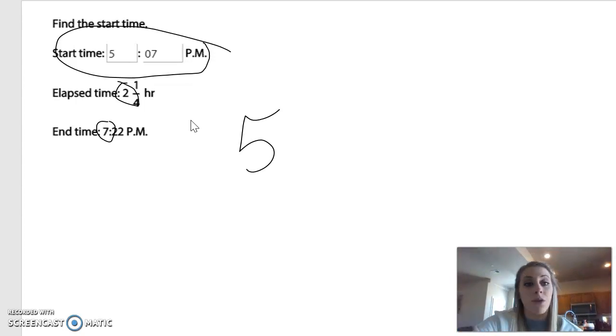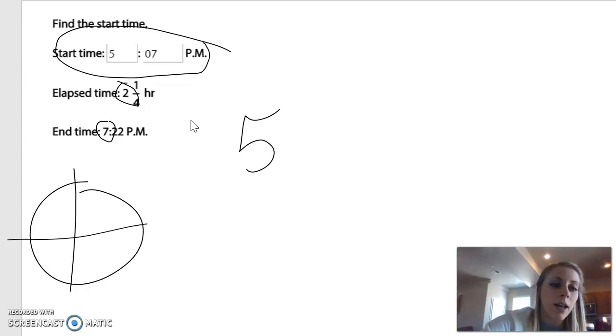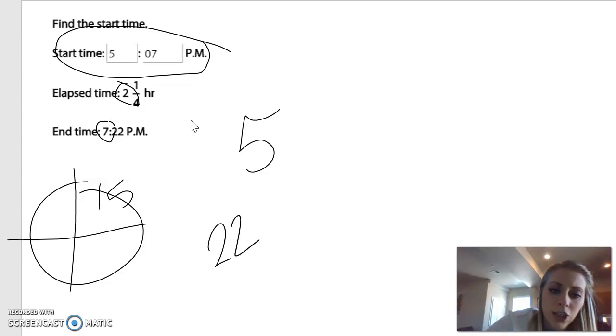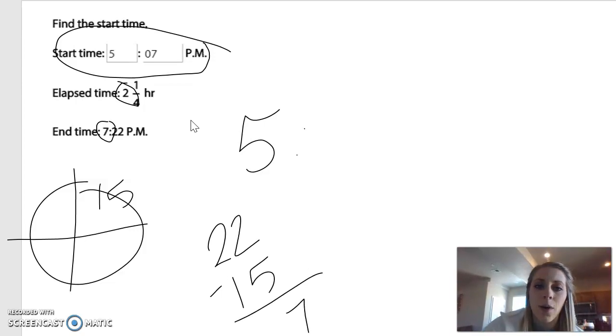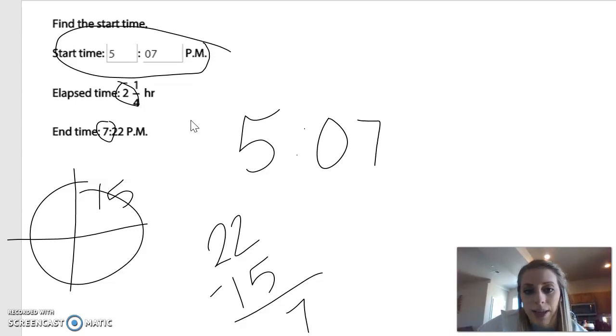I also know, 5th grade, based on a clock, a fourth of an hour is 15 minutes. So all I did to find the seconds was take 22 minus 15, and that gave me 7. And I know I have to write an hour as 07 rather than just 7 because that's how we work with an hour, okay?